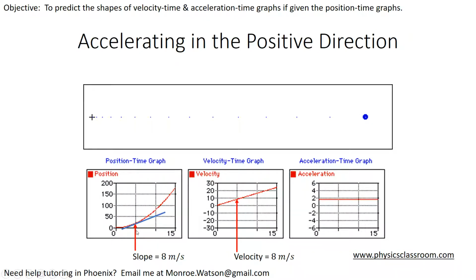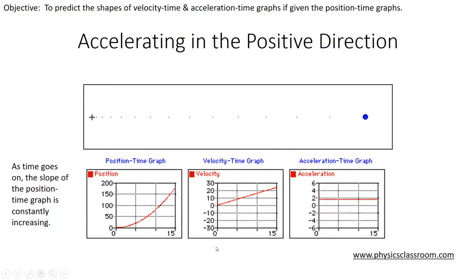Okay, at 5 seconds here. Moving forward, I've got a higher slope here of 17 meters per second. So here's my tangent line, and 17 meters per second is the slope. Therefore, my velocity is going to be 17 meters per second at that time. So as time goes on, the slope of our position time graph is constantly increasing.